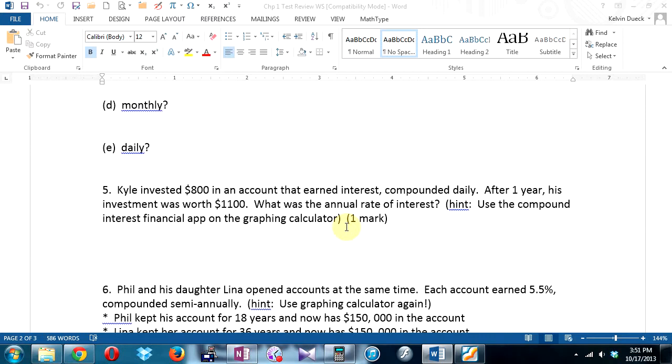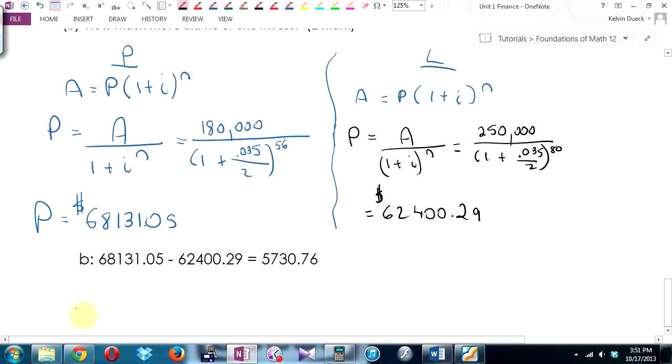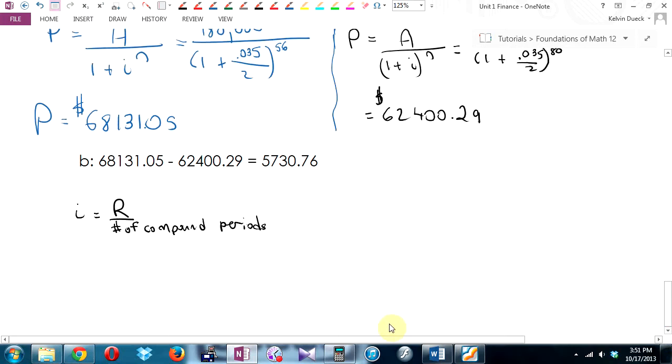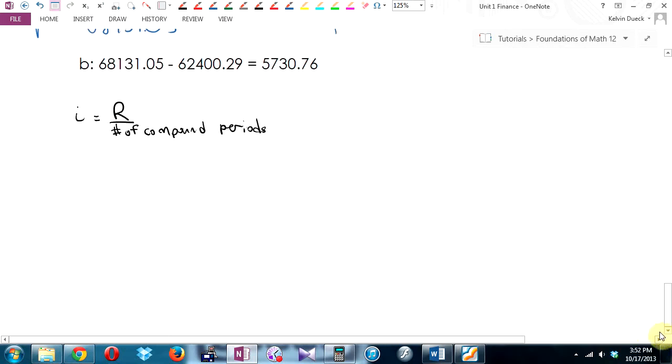So technically, if I'm being really fussy, that is really the annual rate divided by the number of compound periods. Having said that, you now have the technology to do this also on your graphing calculator. I'll do it the long way, and then we'll check it on our graphing calculator.